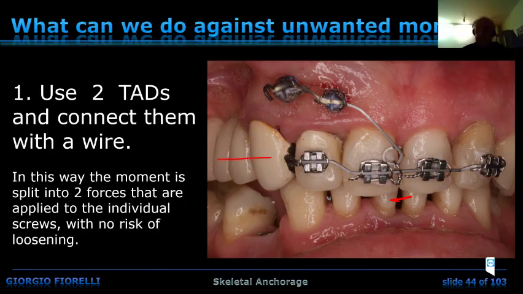I couldn't start thinking to place a conventional appliance. So I just needed to apply a force to bring this out and maybe a little bit of intrusion. So I just placed two TADs here, one here and one here, and then one wire that was engaged in the two brackets, and this cantilever, this is beta titanium 1725.